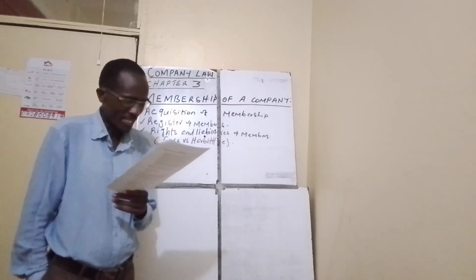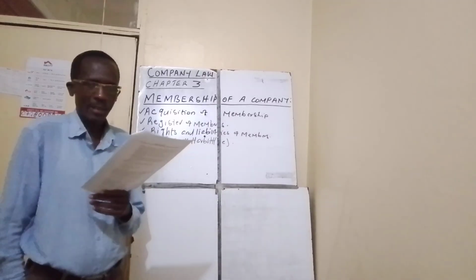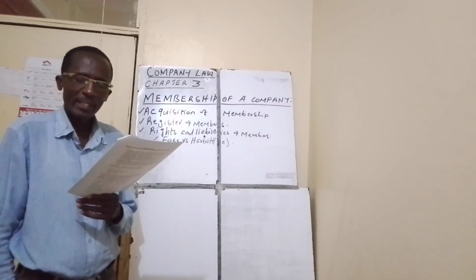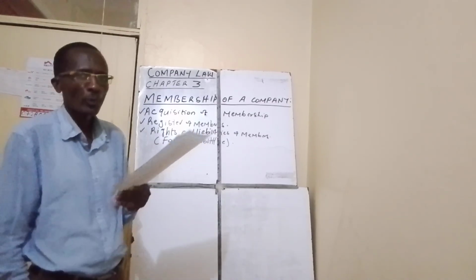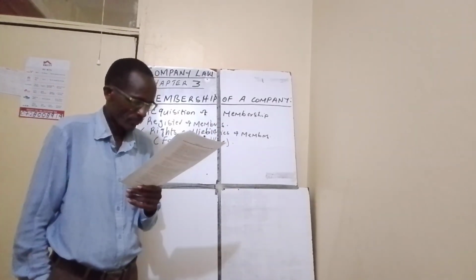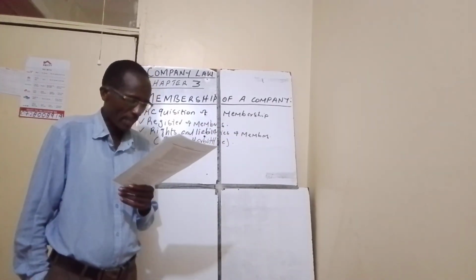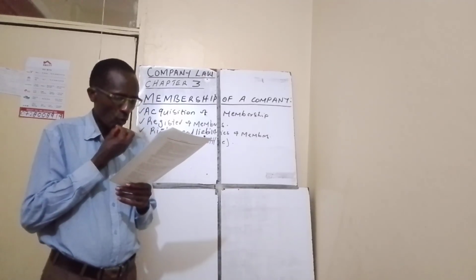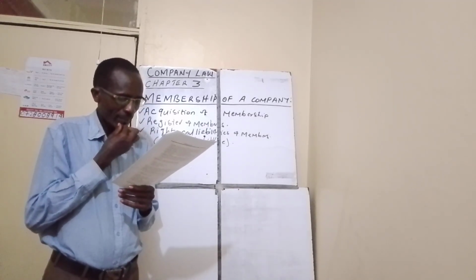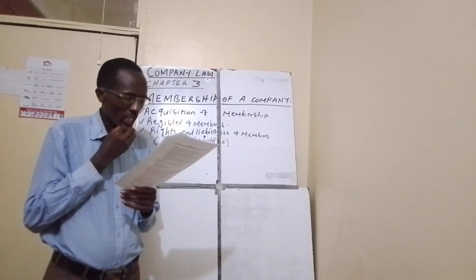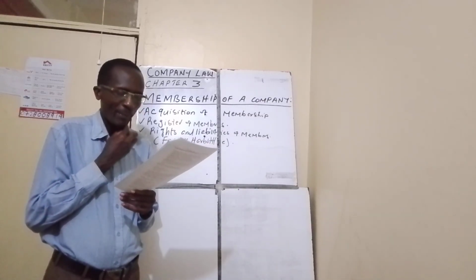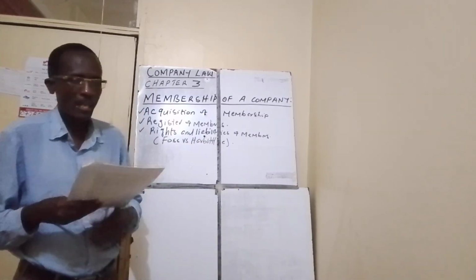Right to inspect minutes of general meetings and the register. You looked at inspection of the register of members, so they have a right to inspect that register. In the event of winding up, after the payment of all other debts, the right to receive assets which are distributed to the members. Those are some of the rights of members.